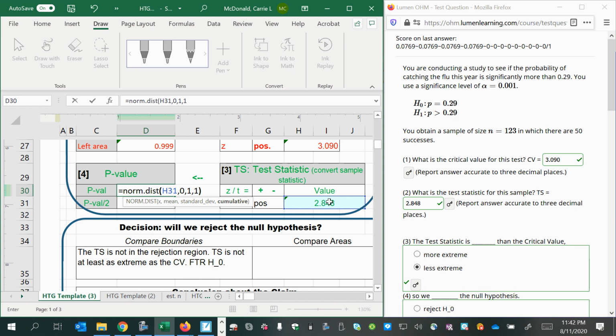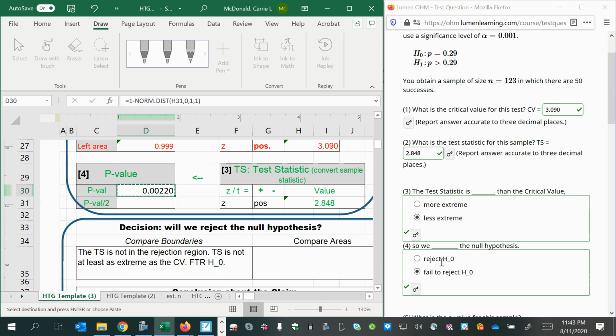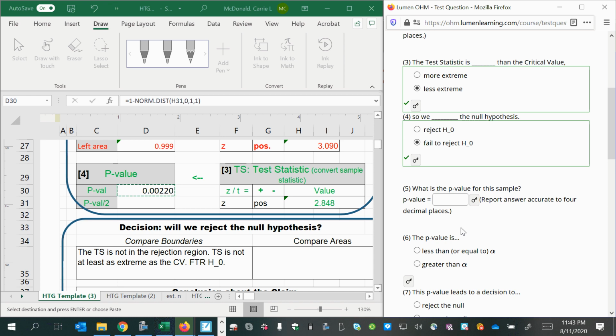Now be prepared, because this value is on the right, this area is going to be all the way to the left. It's going to be very large, and we have to realize that that needs to be subtracted from 1 since we're doing a right-tailed test. So that is my p-value, 0.0022.